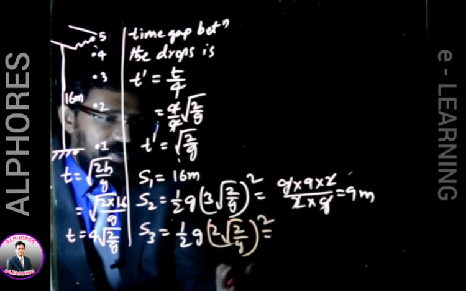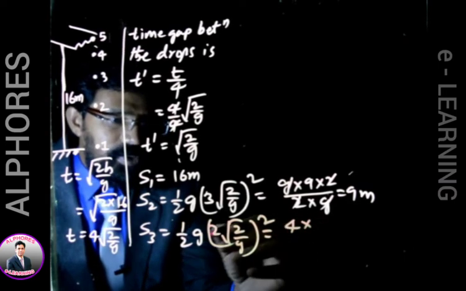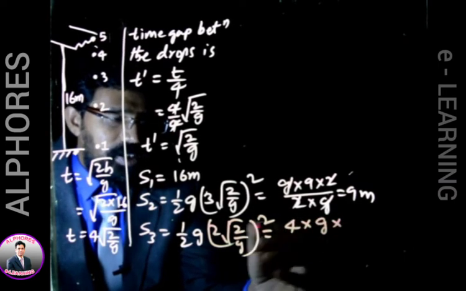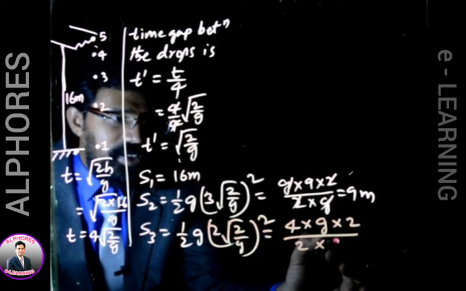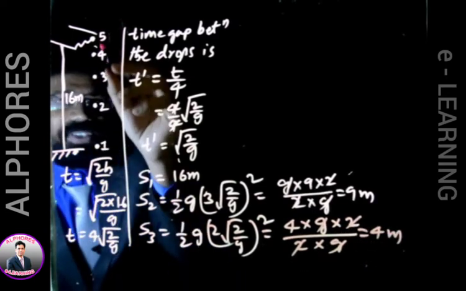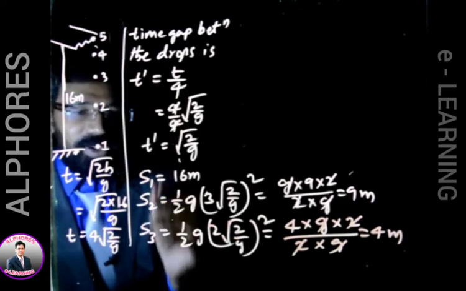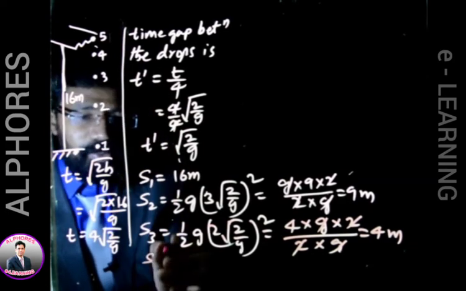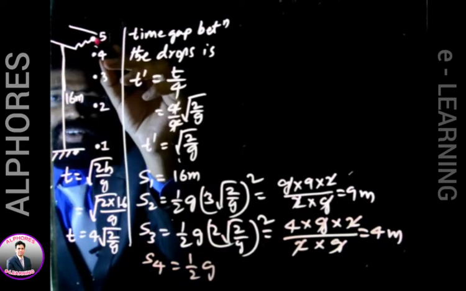And if you take the square, what you will get? 4 into g into 2 by 2 into g, the g and 2 get cancelled: 4 meters. So the distance traveled by the third drop is 4 meters. Okay. What about the distance traveled by the fourth drop? I'll take it as S4. S4 is equal to half into g into the time taken from here to here.